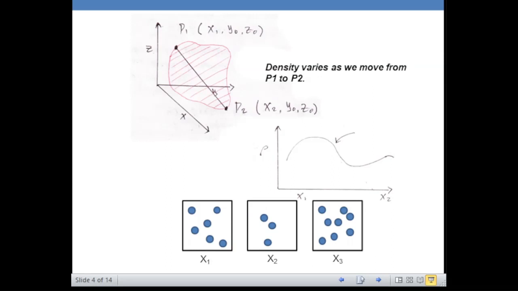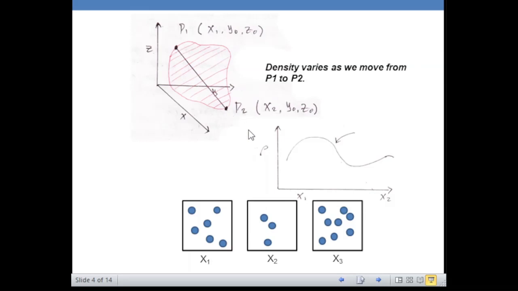Okay. In this slide, what we have here is how the readings of density can vary from different points of the fluid. Looking at the illustration in this three-dimensional graph, the red here is our fluid, and if we look at the density here at point 1, it varies as we go along to point 2.